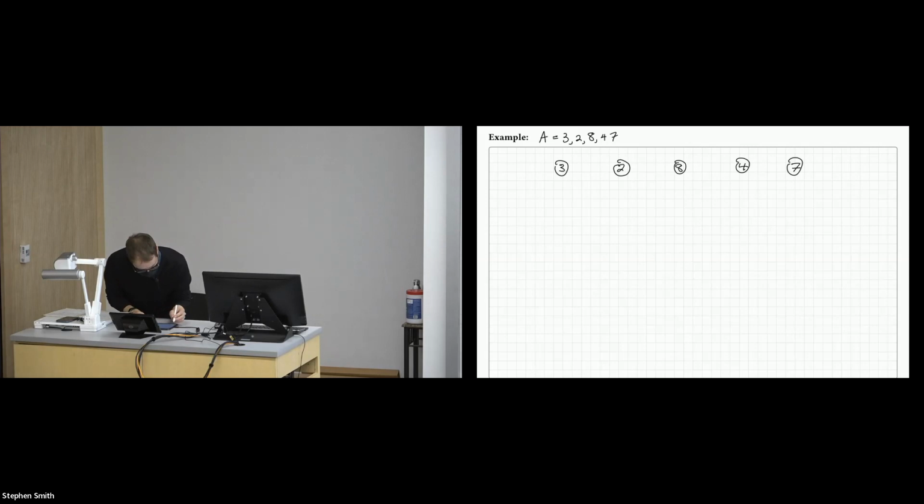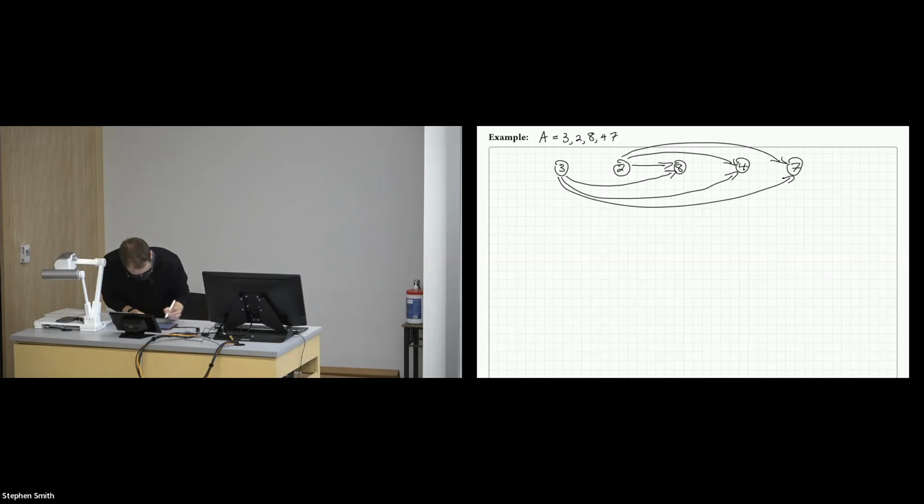From 3, I will have edges to 8, to 4 and to 7. This graph gets quite a few edges in it. From 2, I have edges to the same ones, to 8, to 4, and to 7. From 8, I have no outgoing edges because everything to the right is smaller. And from 4, I have an edge to 7.